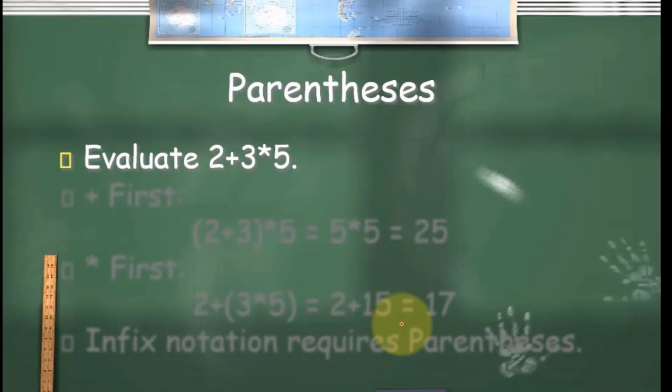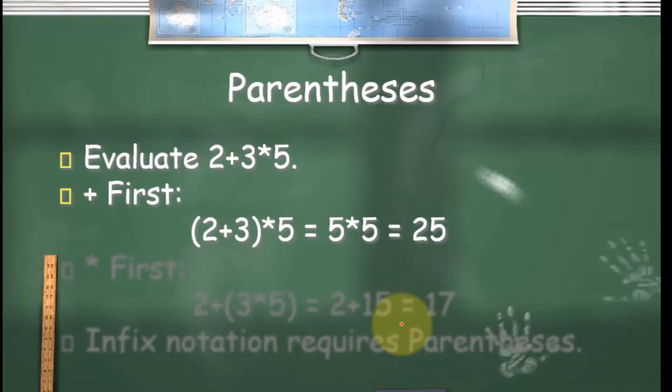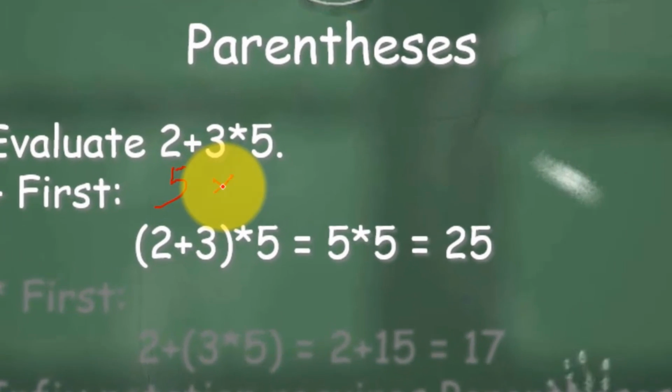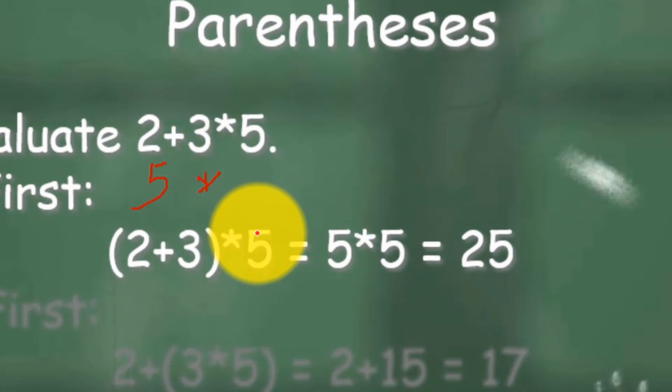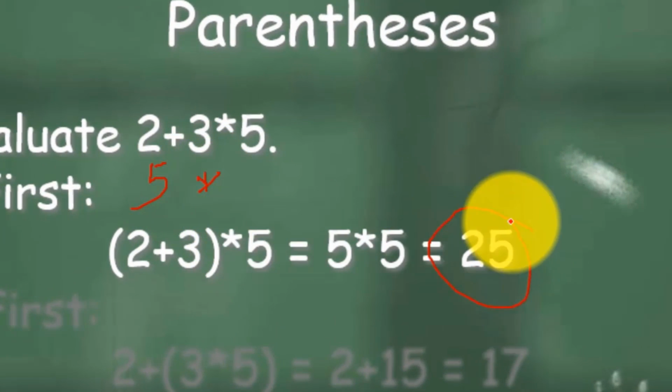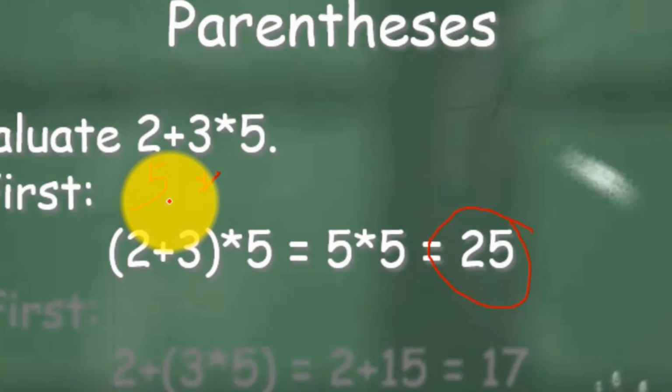Now, if we implement a parenthesis, first option, it is written this way. The output is 25. In this case, this will be added first, so this is 5, then multiplied by 5, that's 25. That's why we get this result, because in this process you do the calculation inside the parentheses first.